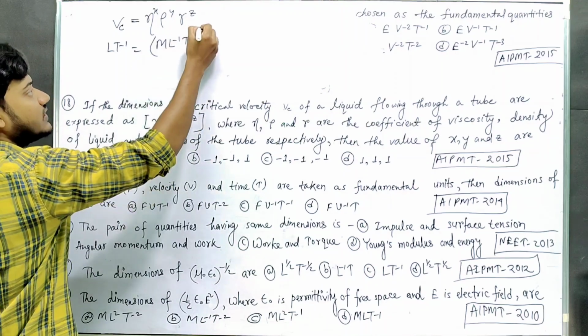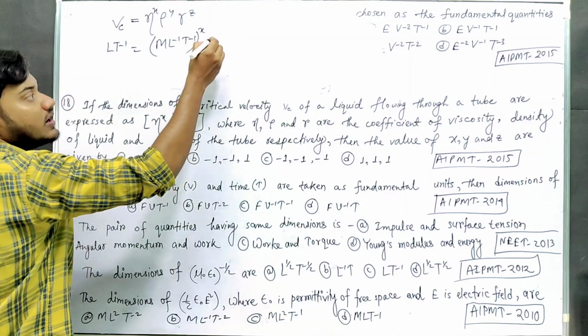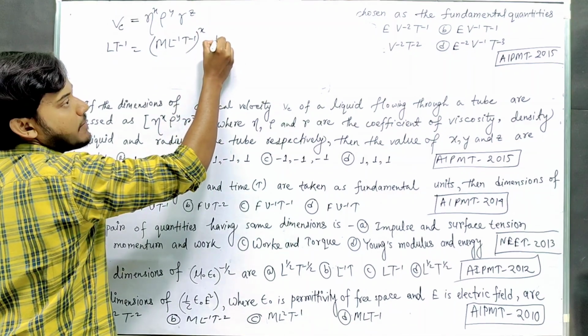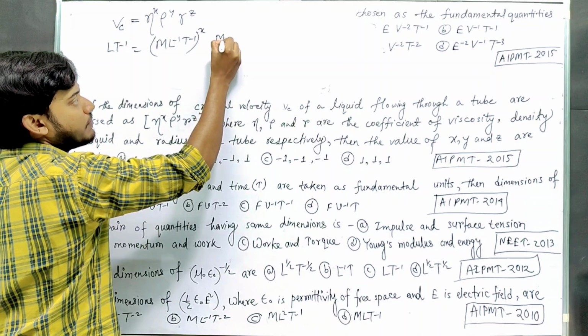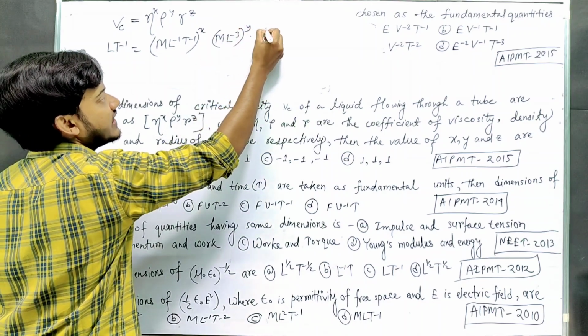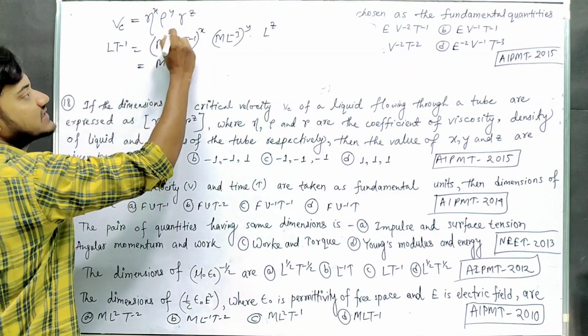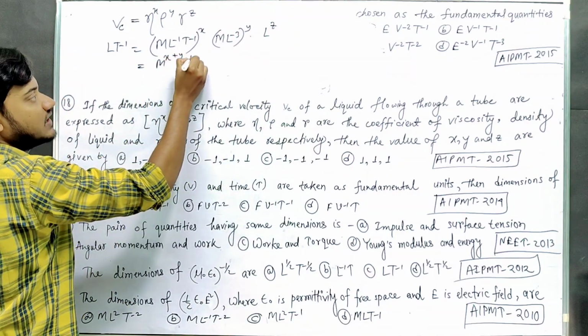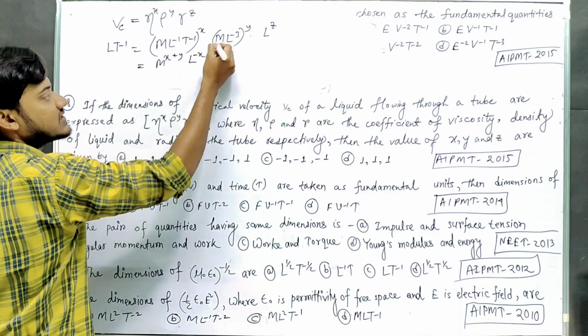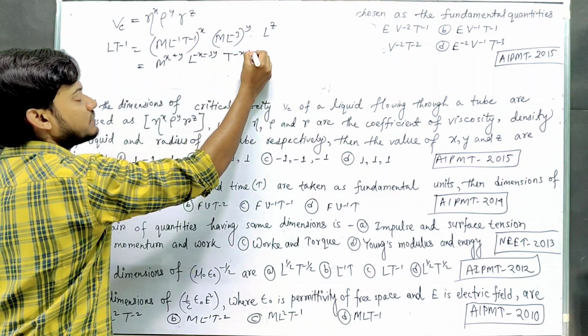You have to remember it. The dimension of rho is mass by volume, so M L inverse 3, and r is radius, length to the power z. So we can write M to the power x plus y, L to the power minus x minus 3y, T to the power minus x plus z.